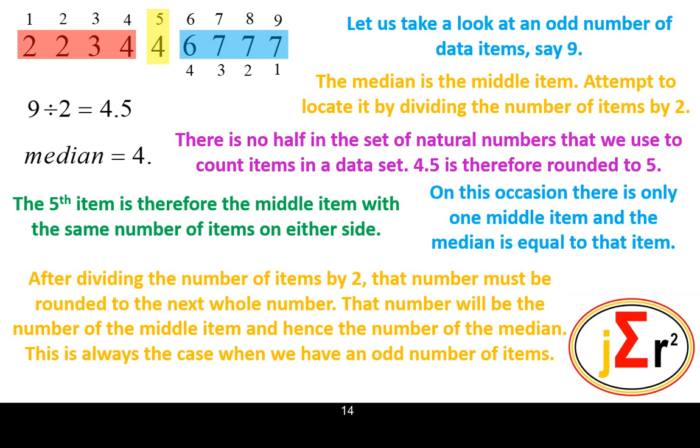But when we have an odd number of entries, we will have 1 middle entry. But at the same time, when we divide by 2, we will get an accompanying half, and we will round to the very next number, and that number will be the number of the middle entry and will be the number of the median, and that number will tell us what the median is.